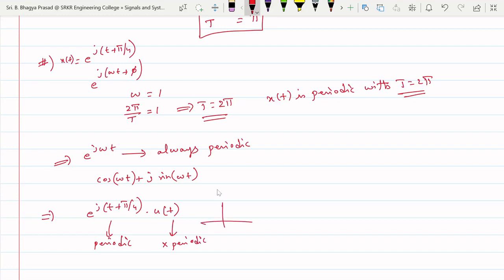Because this starts at 0 and goes up to infinity in positive time. It doesn't exist on the negative time axis. So if you multiply, you won't get a periodic signal. The combination of u(t) and e power j (t plus pi by 4) is not periodic.